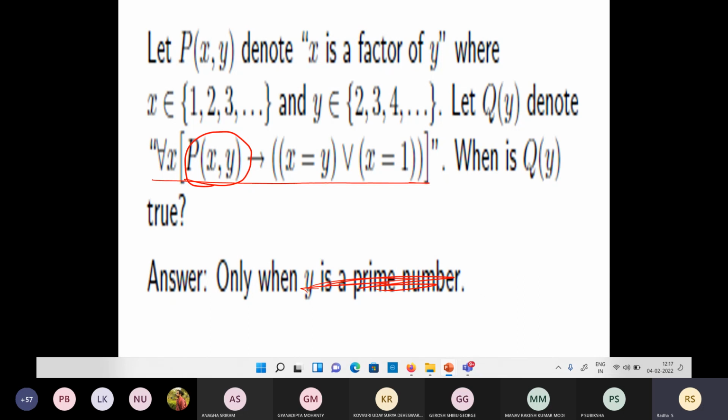For what values of y is this true? Only when y is a prime number. The factors of a prime number are the number itself and 1. So whenever y is a prime number, when x divides y, the value of x can be either y itself or 1. That shows that y is a prime number. Correct. Good.